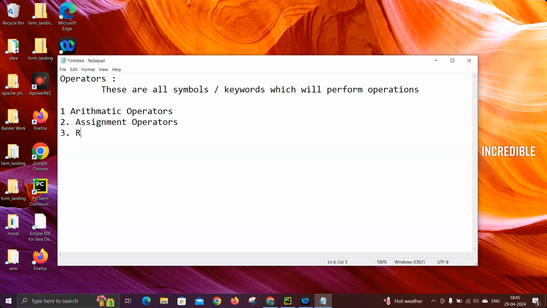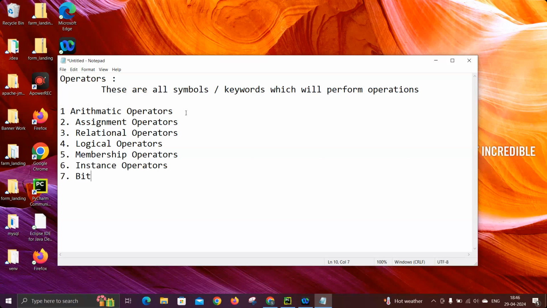The next one we have is relational operators, the fourth is logical operators, the fifth is membership operators, the sixth is instance operators, and the seventh is bitwise operators. These are the operators which we have in Python.